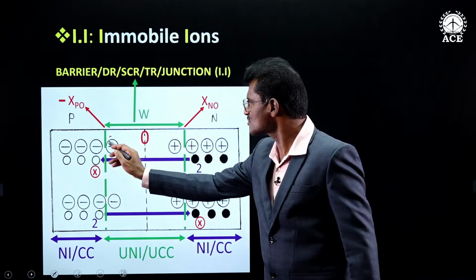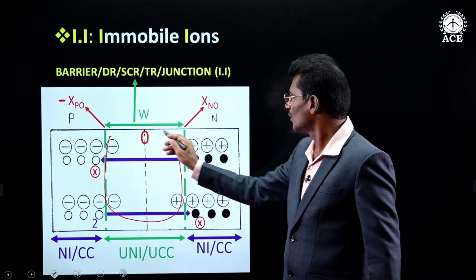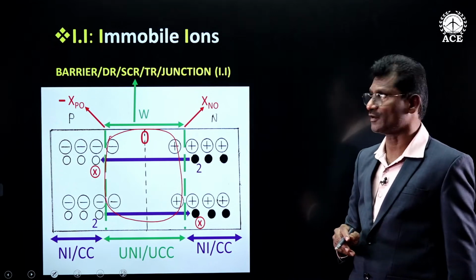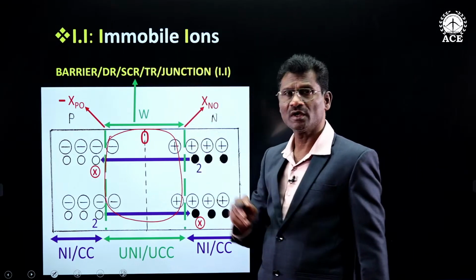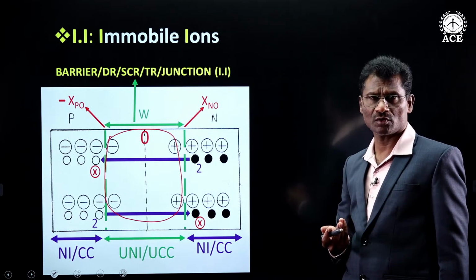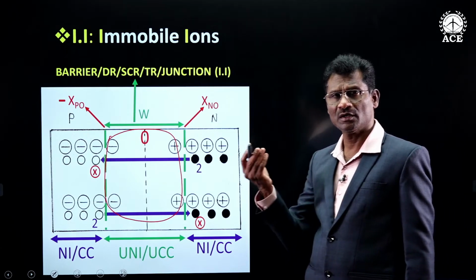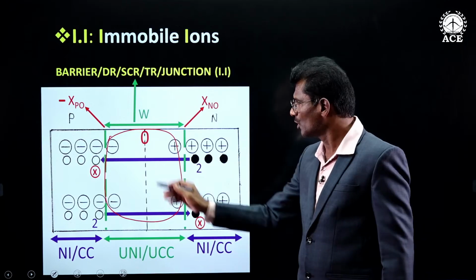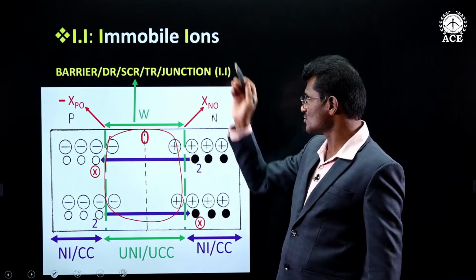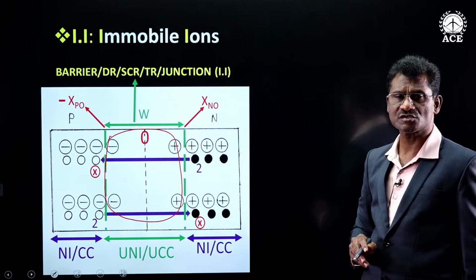And hence this central area has immobile ions. II stands for what? Immobile ions. What can move? Electrons and holes, the charge carriers, can move, but ions cannot move, and hence the central area is said to have immobile ions.